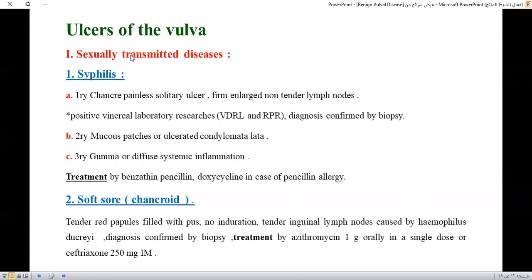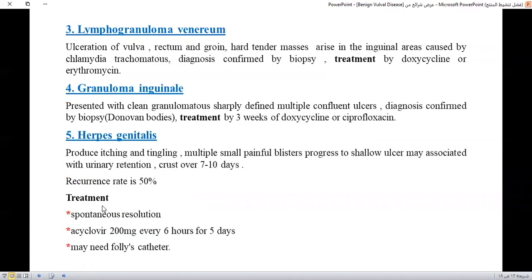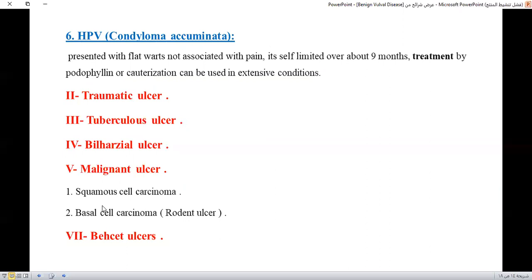Sexually transmitted diseases include syphilis, soft sore, chancroid, lymphogranuloma venereum, granuloma inguinale, herpes genitalis, or human papilloma virus, condyloma acuminata.